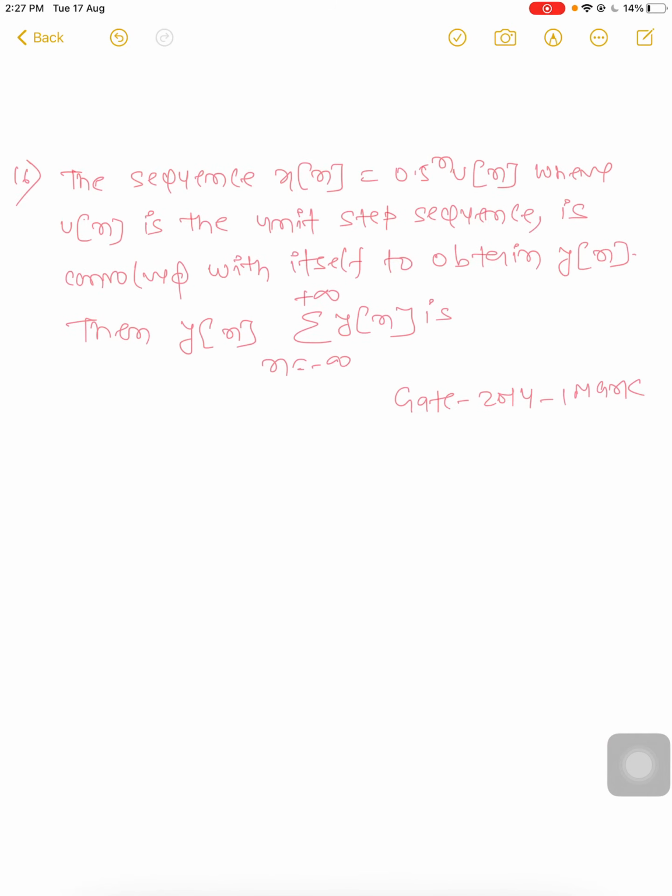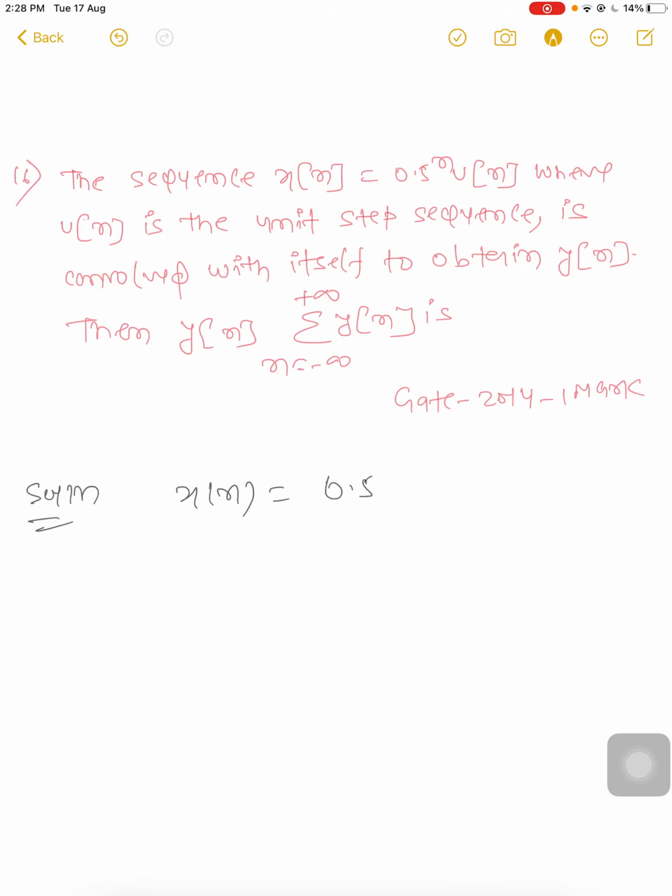Now comes to the next question. The sequence x[n] is equal to 0.5 to the power n u[n], where u[n] is the unit step sequence, is convolved with itself to obtain y[n]. We have to find out y[n].